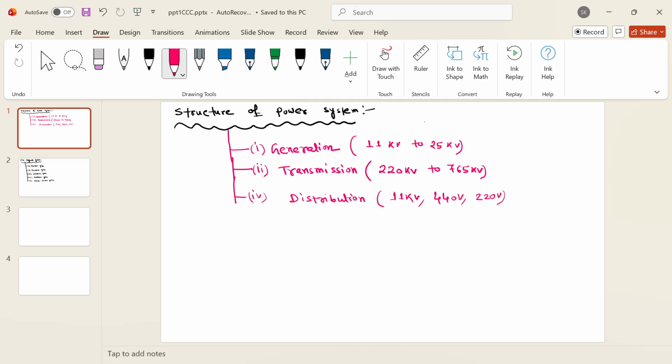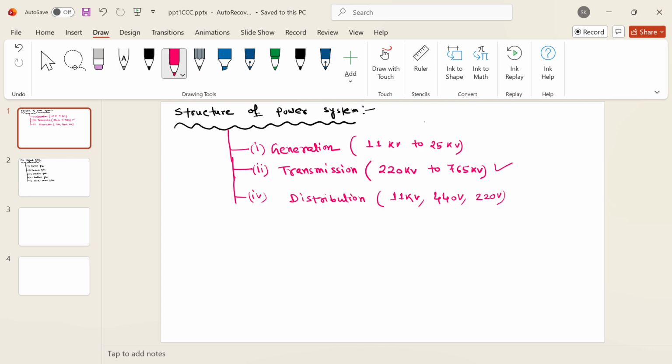So from the generation to distribution, you have this transmission. We will see how the single line diagram looks. These generations are far away from the load center, or the distribution.